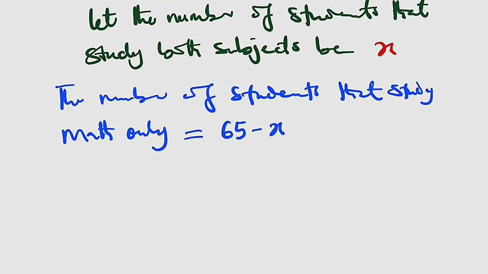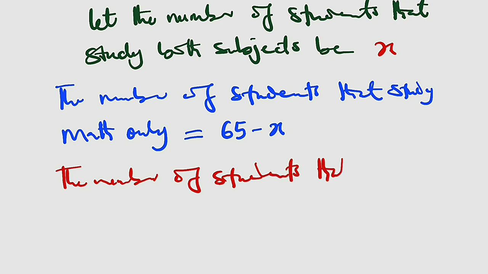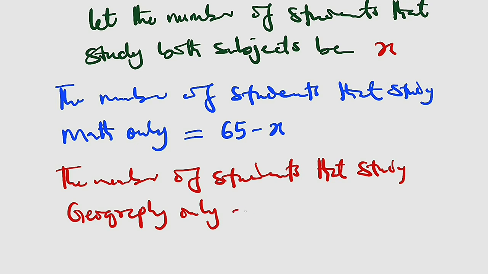Then lastly, the number of students that studied geography only will be equal to 60 minus x.